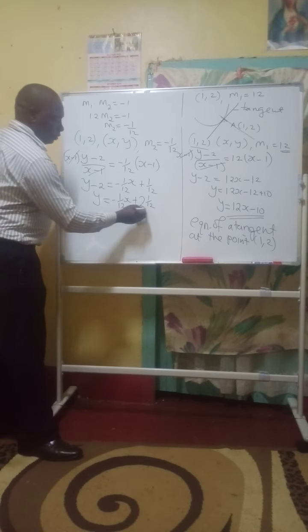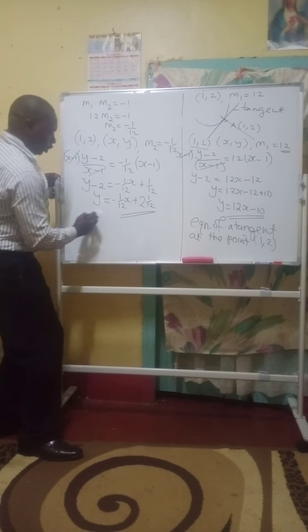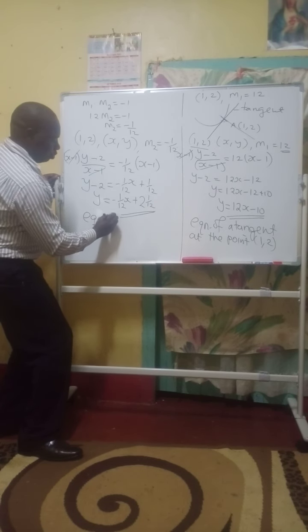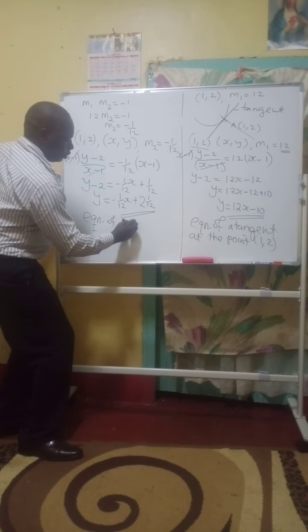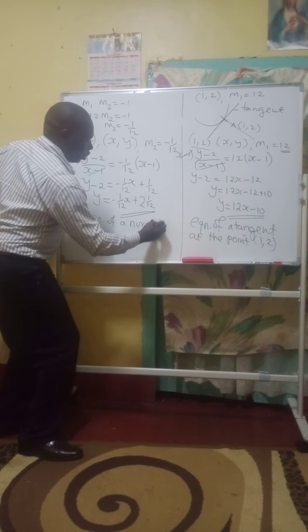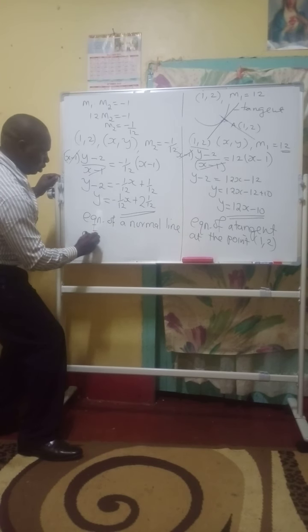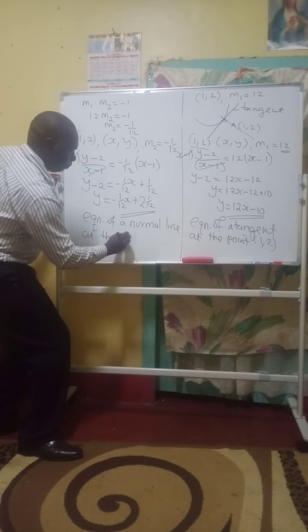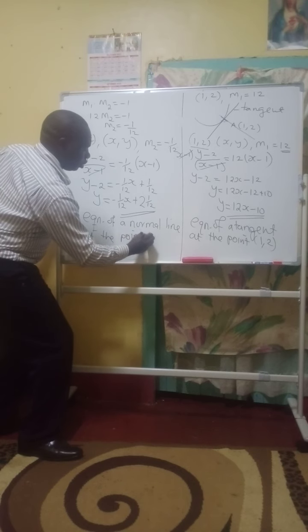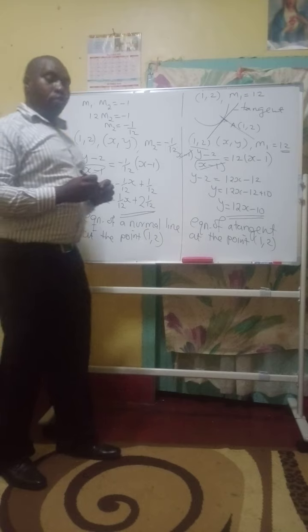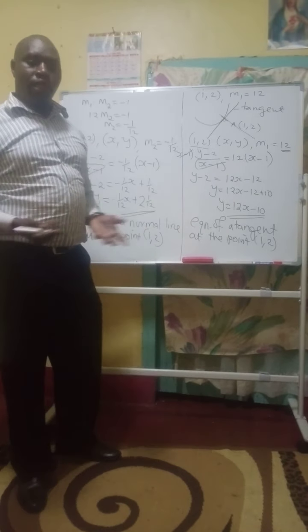So basically, this is the equation of a normal line at the point 1, 2.